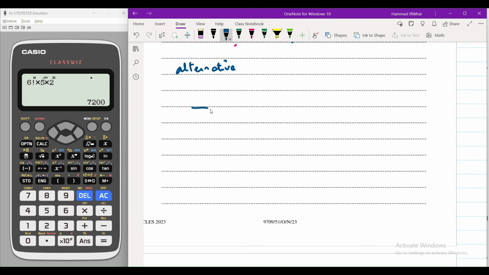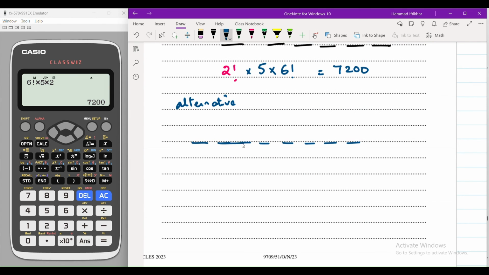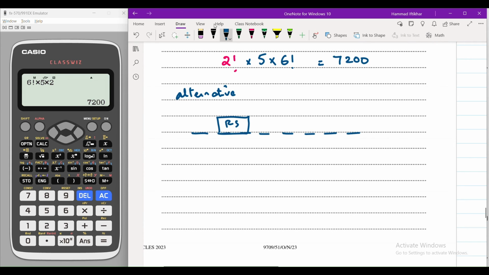When they're standing 1, 2, 3, 4, 5, 6, 7, 8. There are 8 people, right? Yes, 8 people. So when they are together, simply Rajat and Sue, how many units? 1, 2, 3, 4, 5, 6, 7. So this means 7 units times 2 factorial when they are together.